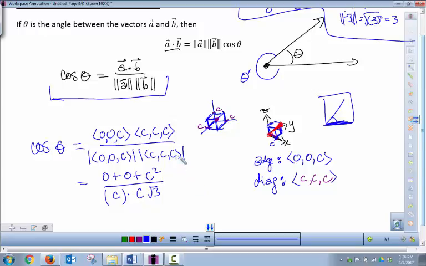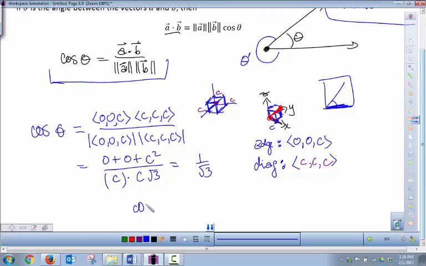Right? So c squared, c squared, c squared. You factor out a c squared out of the square root, it just becomes a c, and then you have 1 plus 1 plus 1, which is 3. And then you have c squared on top and c squared on the bottom, and you have 1 over square root of 3. So it really didn't matter what c was equal to. c could have been 1, c could have been 15. The cosine of the angle between them is 1 over root 3.